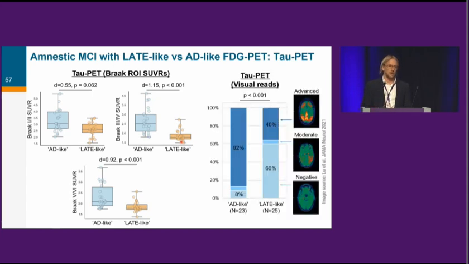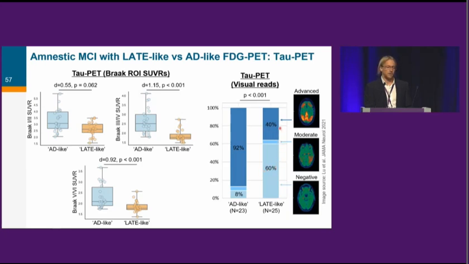We finally also did some individual level analyses using visual reads performed by my colleague Alexis Moscoso, who I don't know if he's here today still with us. This is tremendous work, visually reading thousands of tau PET scans. Using this information, we found that amnestic MCI patients who had this clear temporal parietal pattern of hypometabolism suggestive of AD, almost all of them had a positive tau PET read, whereas the majority of these LATE-like patients had a negative tau PET read.